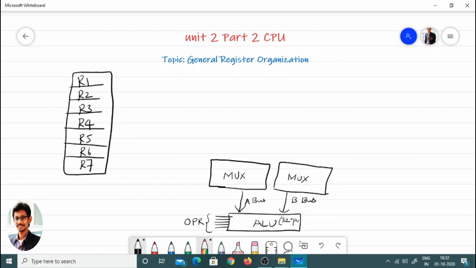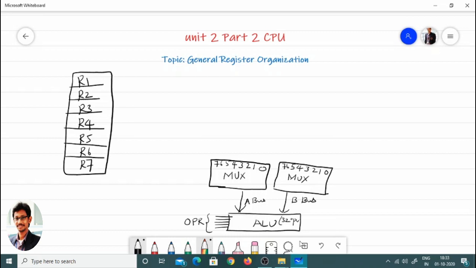So the output of each register is connected to the MUX, to its input lines. How many input lines are there for this MUX? 8 input lines: 0, 1, 2, 3, 4, 5, 6, 7. Here also 0, 1, 2, 3, 4, 5, 6, 7. 7 means 8 input lines.